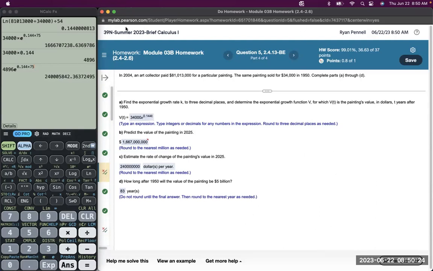How do you get part D? How long after 1950 will the value of the painting be 5 billion? Yeesh. Okay, how do you do that? Well, 5 billion. That's a pretty big number, huh? That's like 5 times 10 to the 9th. Okay, so I want to solve for t because it says how long. So that sounds like, what does t equal if the output is 5 billion?